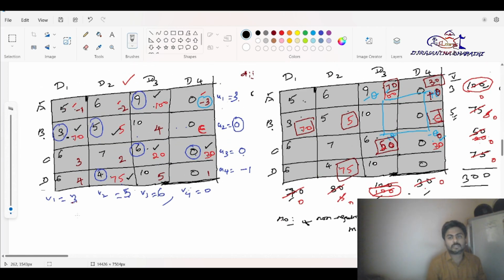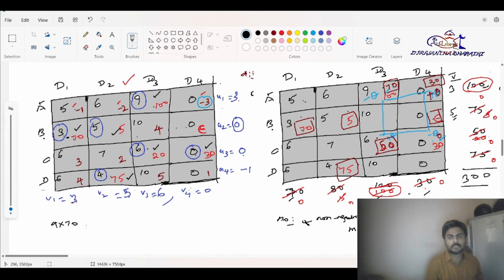So the cost associated with this is 9 into 70. It is not necessary to find the cost now, but let me explain what is happening from the initial transportation cost. Initially you have found 1530, right? Now we are going to find the cost for this.